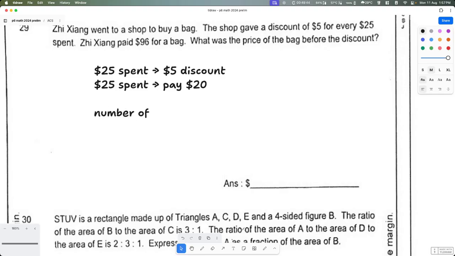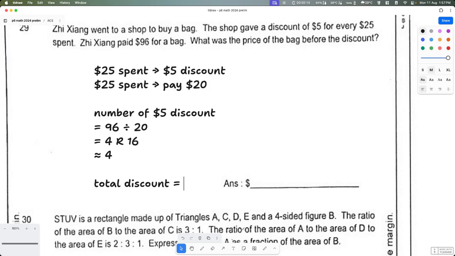So that means the number of $5 discounts is equal to 96 divided by 20. In this case you will have 4 remainder 16, right? Or we just round down to 4. So that means total discount is equal to $4 times 5, which is $20.